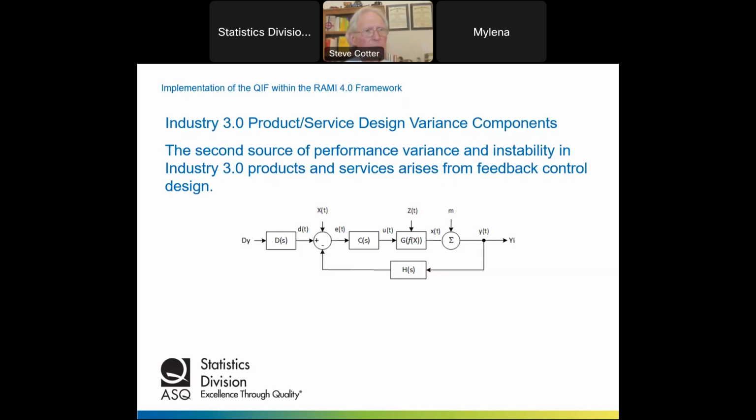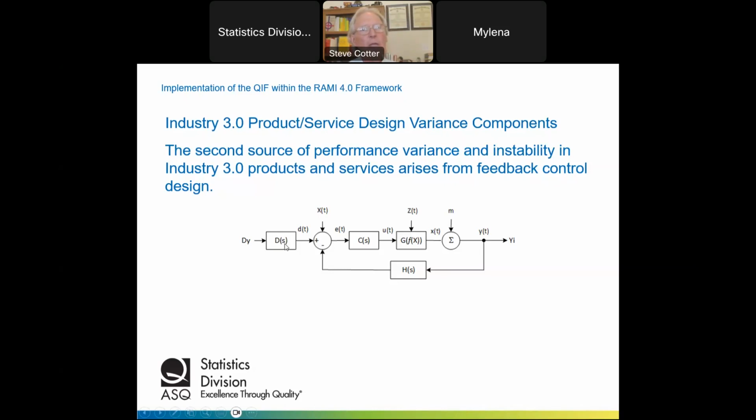I've depicted it as a typical single input, single output, or multiple input, multiple output, the latter assuming yi independence in that case. This is the quality control feedback loop set in control theory transfer function terminology.